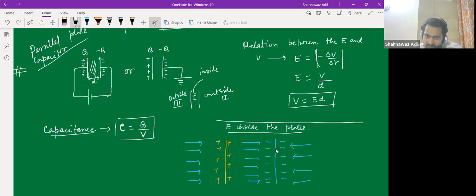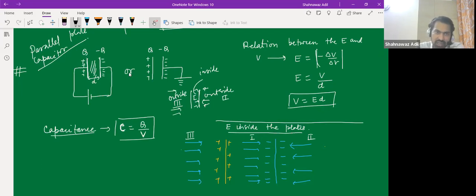In all these regions, for the negative plate, the electric field would be incoming. Clear? So due to this one, it would be incoming, incoming, and in here incoming.